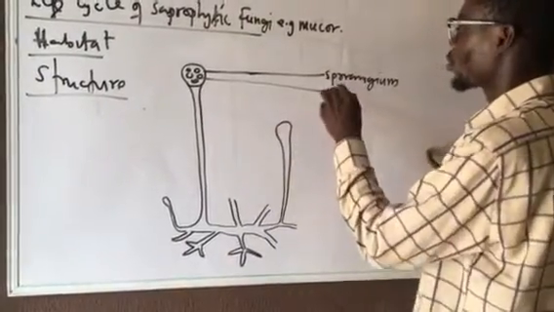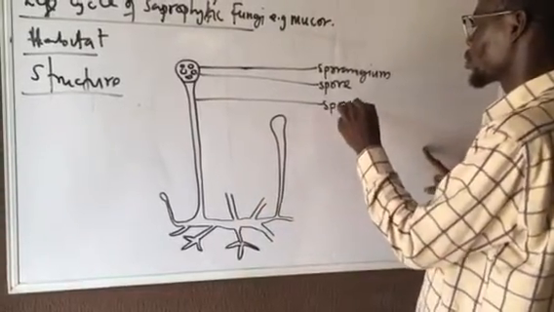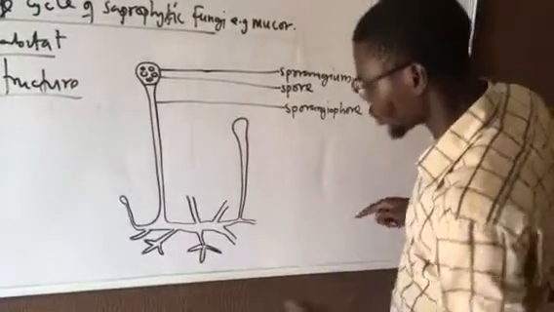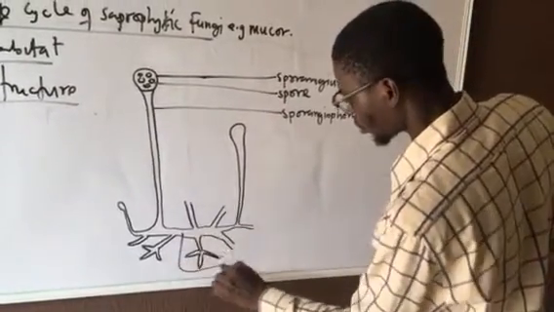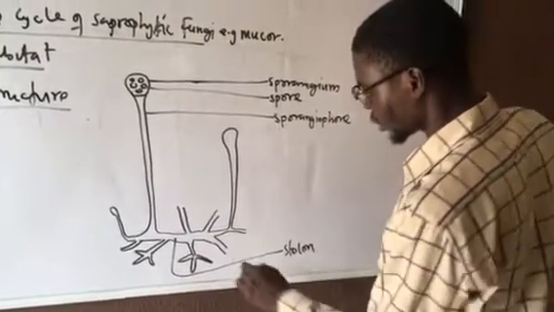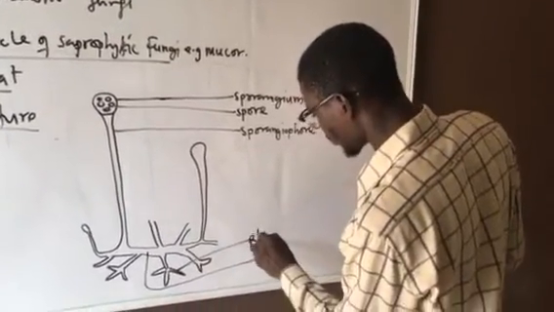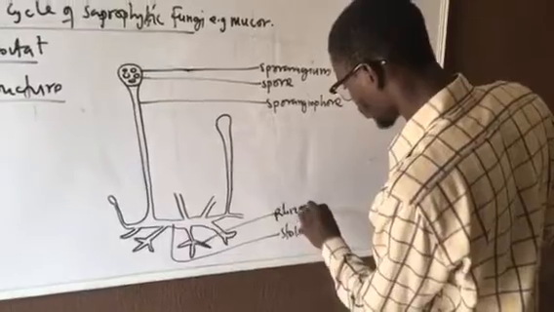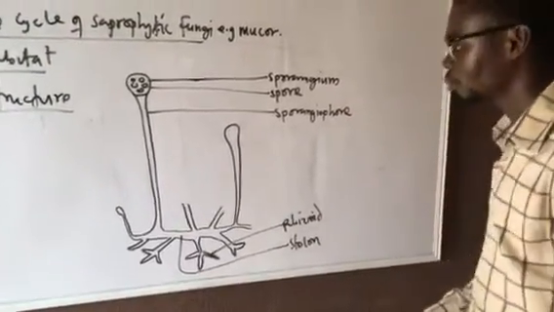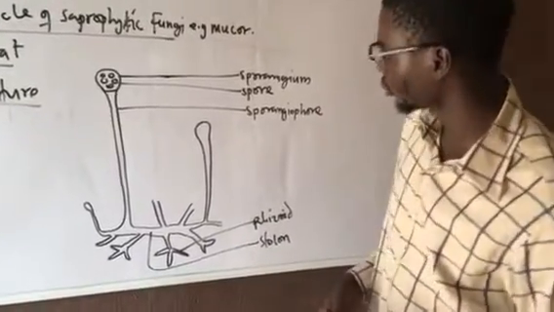We have the spore. We have the sporangiophore. This is the stolon, the horizontal hypha. This is the rhizoid, the root-like hyphae. So that is the structure of Mucor.